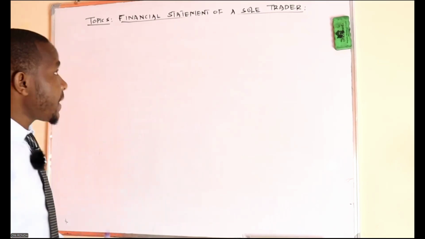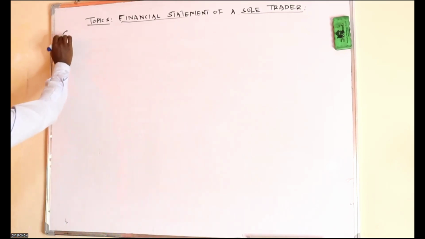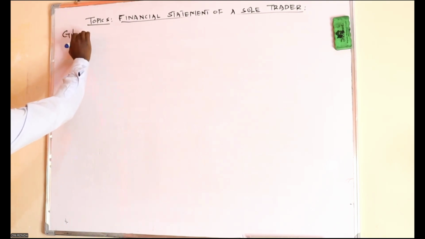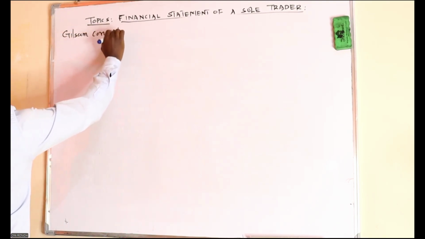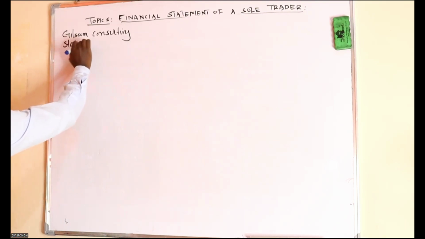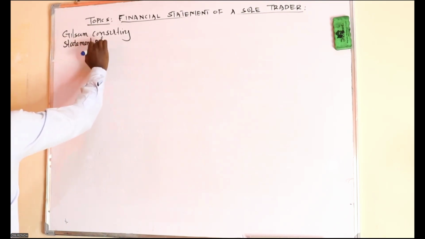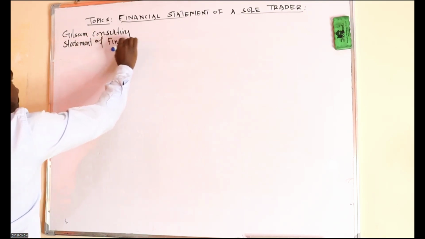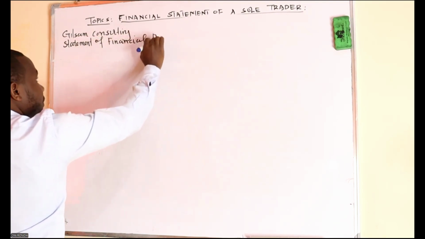So for the statement of financial position, we have the heading: Gilsam statement of financial position.